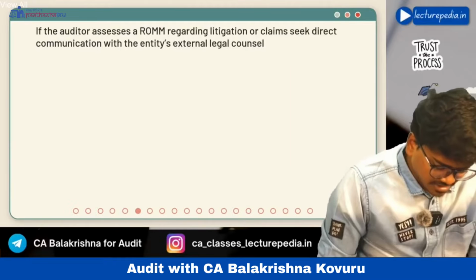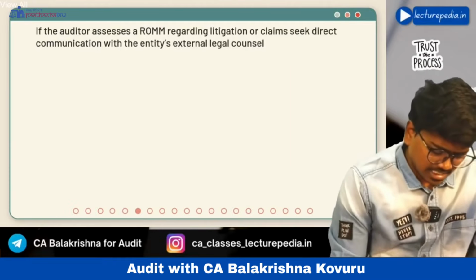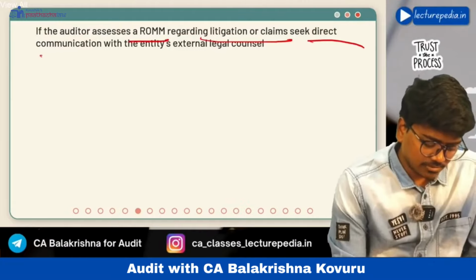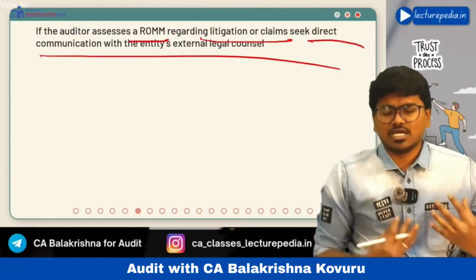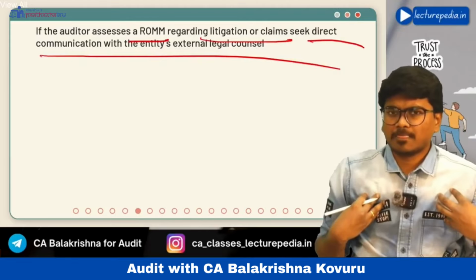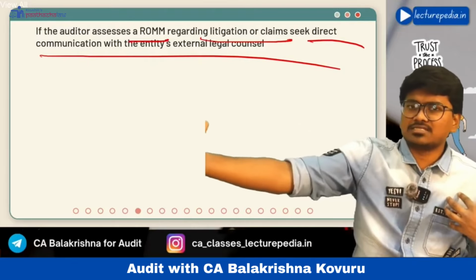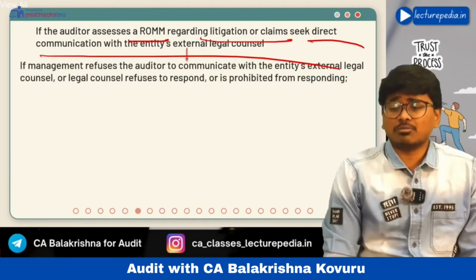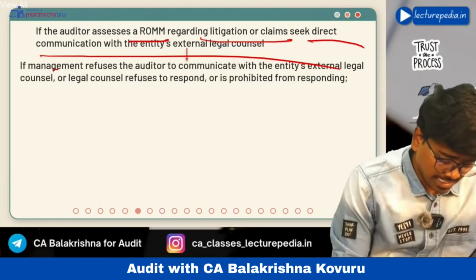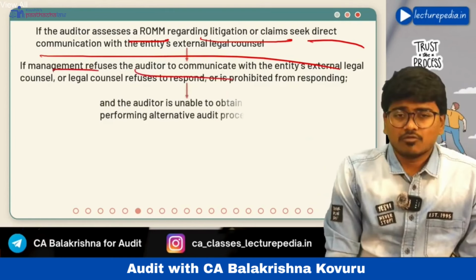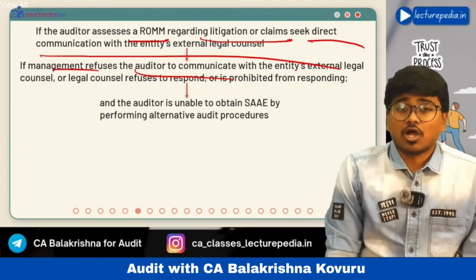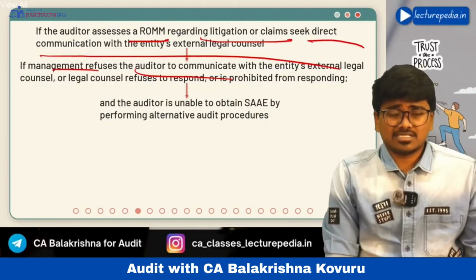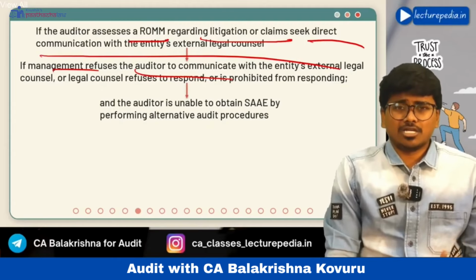Next, if the auditor assesses a risk of material misstatement regarding litigation or claim and seeks direct communication with the entity's external counsel, but management refuses to allow communication with the external counsel, then the auditor has to see whether he can obtain audit evidence from alternate audit procedures.